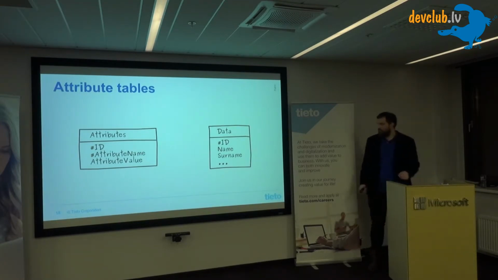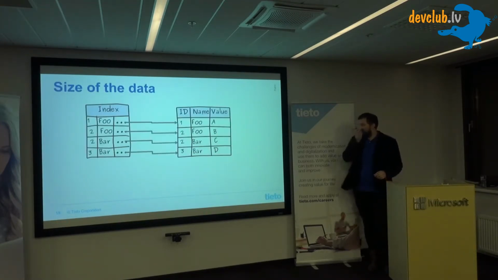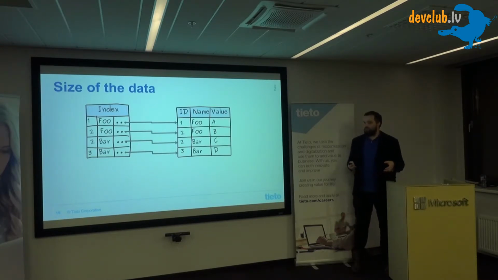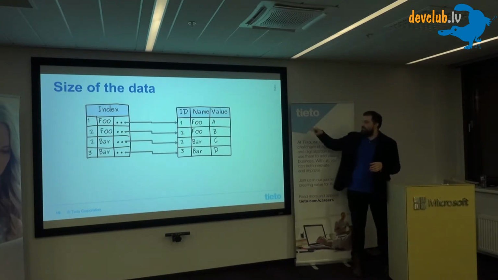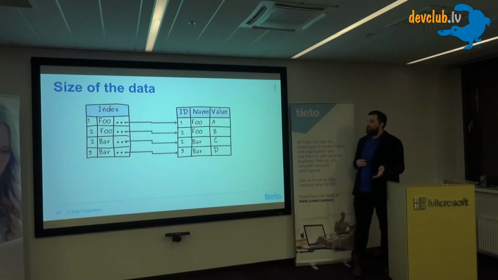So the main problem was the size of the data. And well, if the size is bigger, that means that the object doesn't fit into memory, it causes larger I/O, the database works slower, and so on. The reason for that is that on the right there's the table with data, and on the left there's the index.